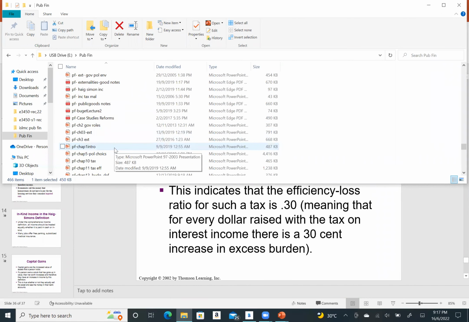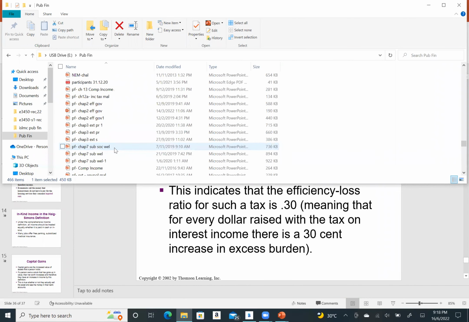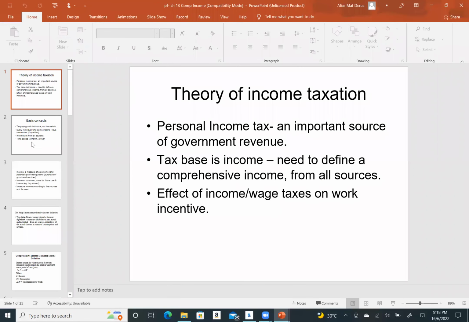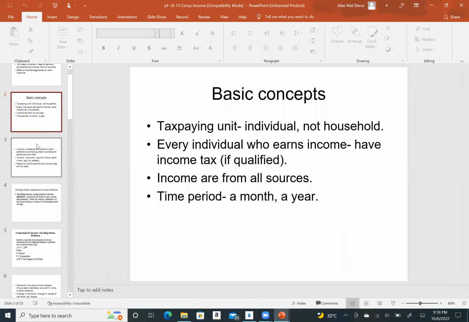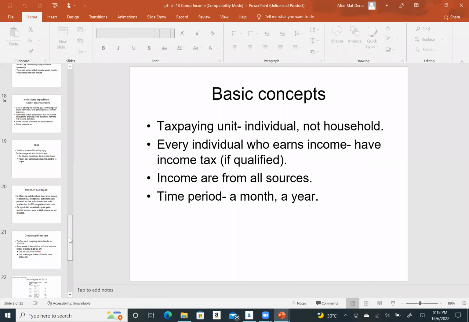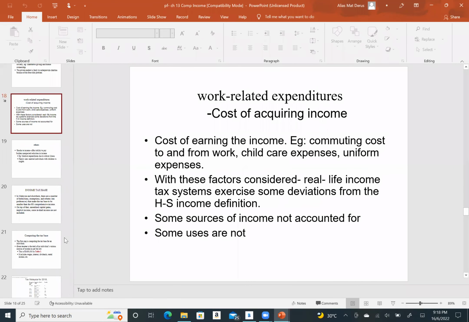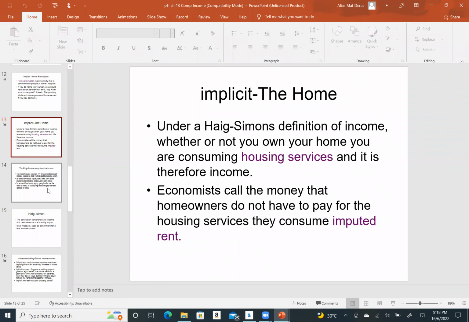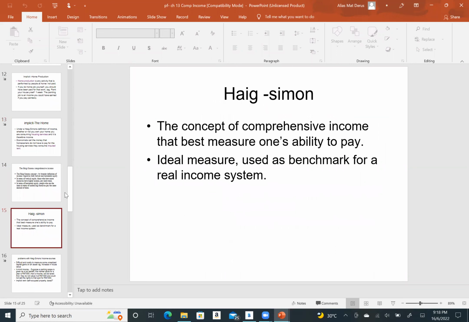Chapter number 11. Comprehensive income. Okay, let me look at comprehensive income. Here it is, alright. Okay, so this is it.